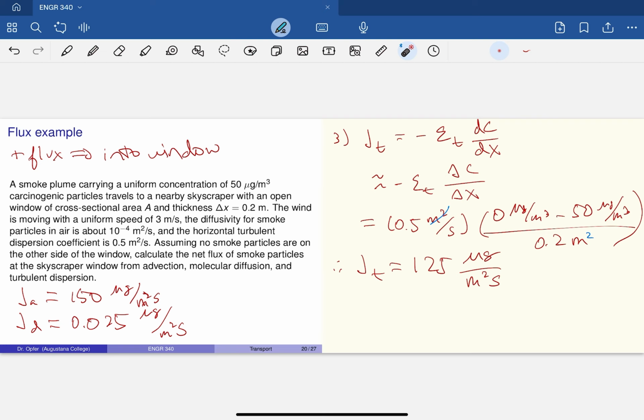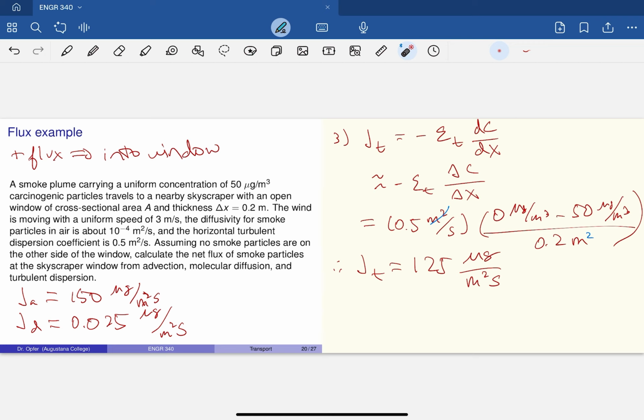Those particles have nowhere else to go, and so at some point, the smoke particle concentration inside the room will be larger than the smoke particle concentration outside the room. Okay, so that's kind of the major work of air quality research today, is looking at the difference between inside or indoor and outdoor air quality, because indoor air quality tends to be much worse than outdoor air quality because there's nowhere for these smoke particles to go.